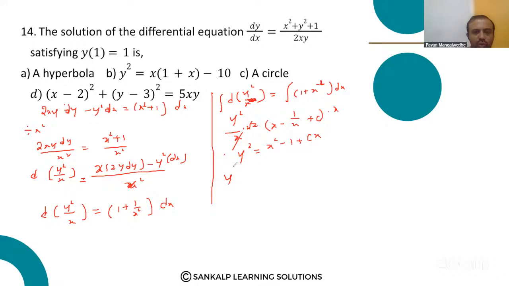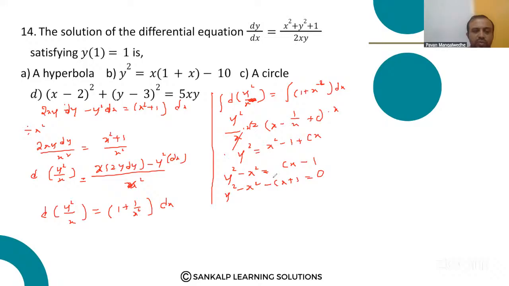So on transposing, y square minus x square minus cx plus 1 is equal to 0.